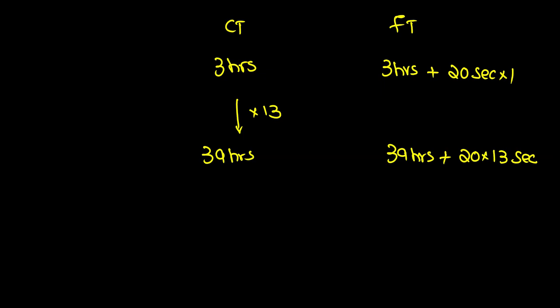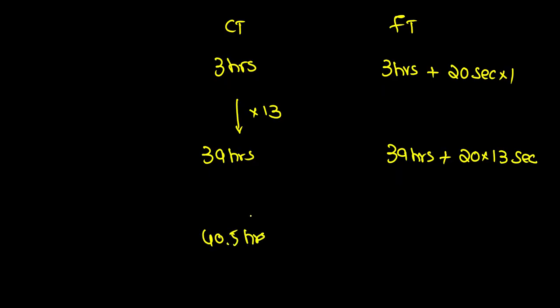When 39 hours is traveling, this will travel 260 seconds extra. Do you agree? Every 3 hours, 20 seconds extra. 39 hours means 13 times that 3 hours will come. Next, 40.5 means 1.5 hour.